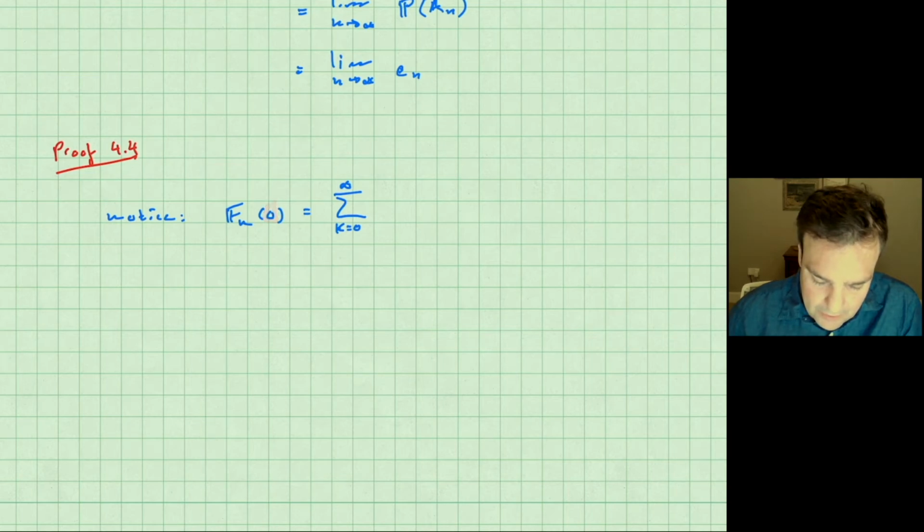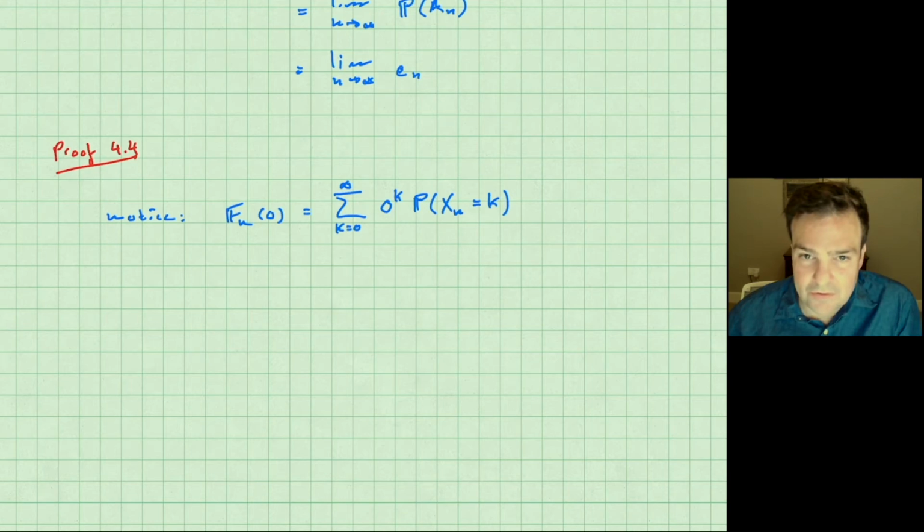This argument was normally s, so we'd have s to the k. So I've got 0 to the k times the probability that X sub n, X at time n, is equal to k. That's just the definition of the PGF here.